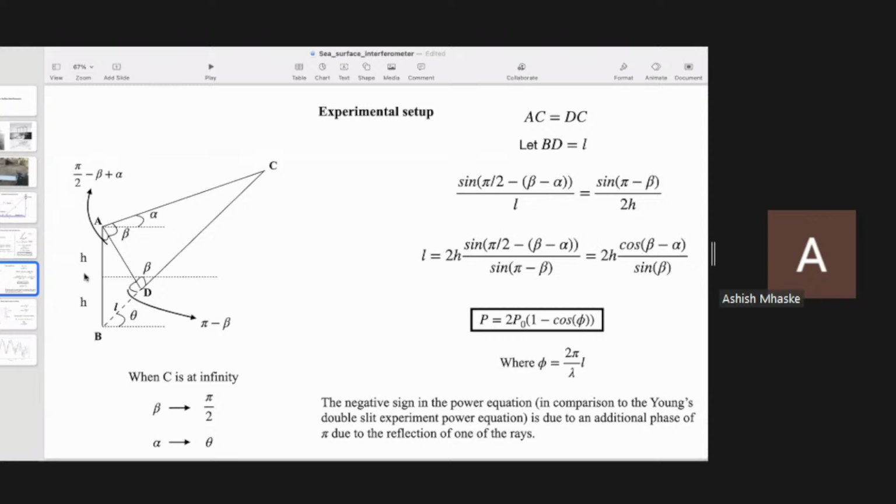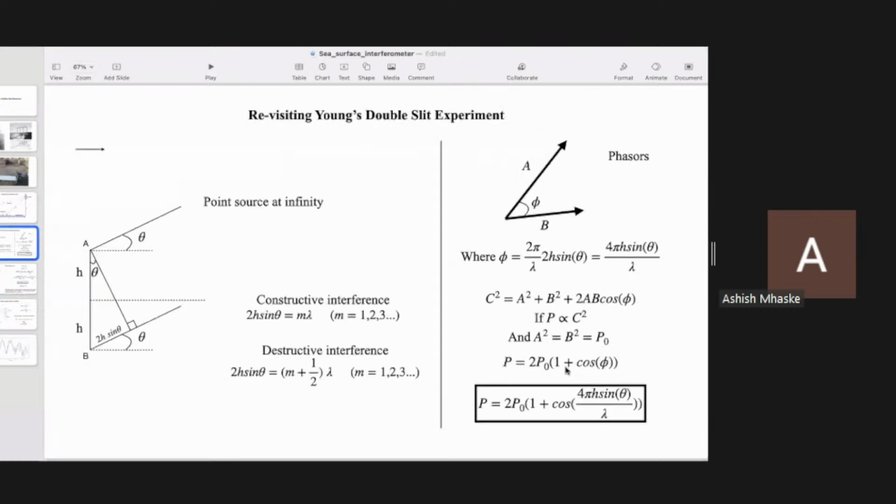We use sine laws and cosine laws for triangles, and we get this equation. And in this case, the final equation for the received power is like this. This is very similar to the previous equation, except for one negative sign.